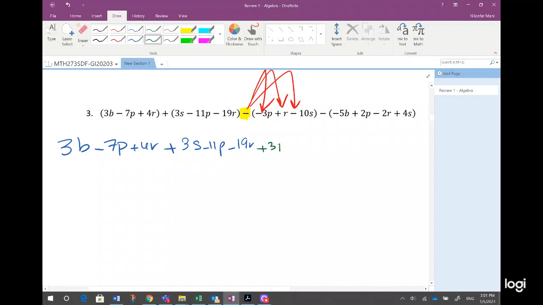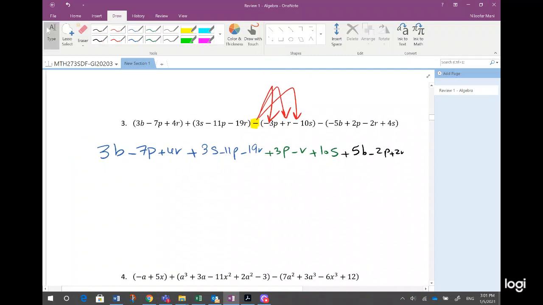So plus 3p minus r plus 10s. How about the other one? Yes. So it's plus, maybe I change the color. It's plus 5b minus 2p plus 2r minus 4s. Okay?